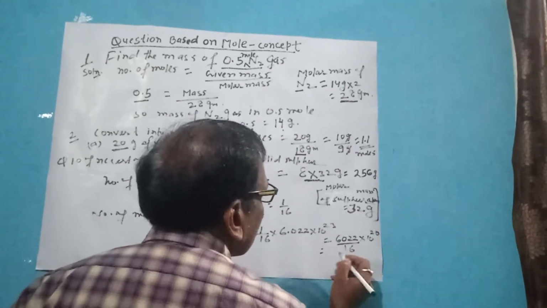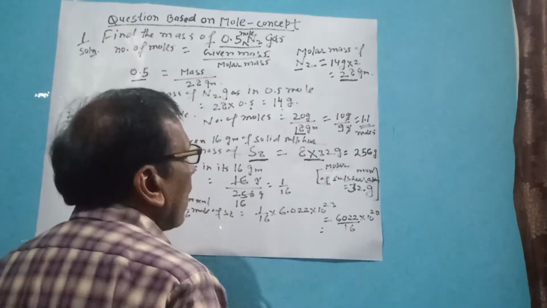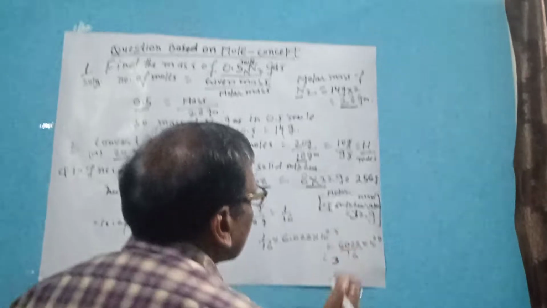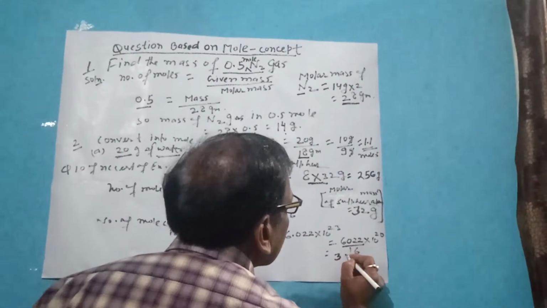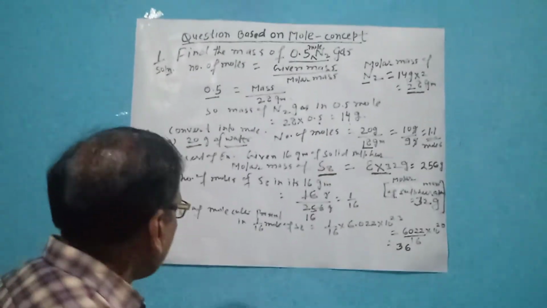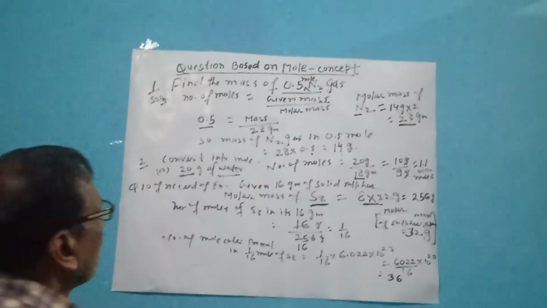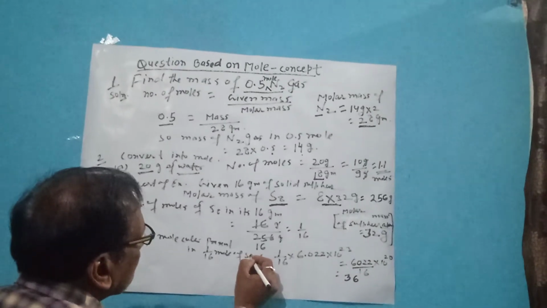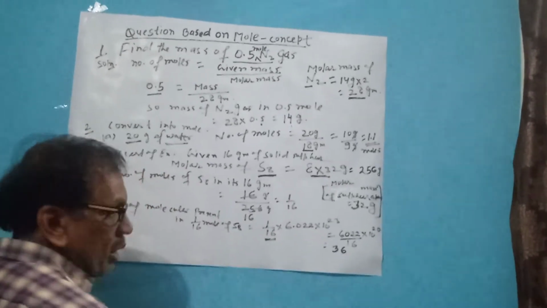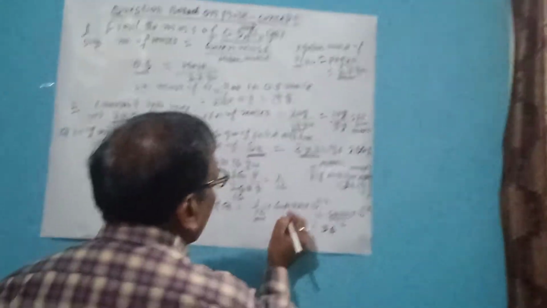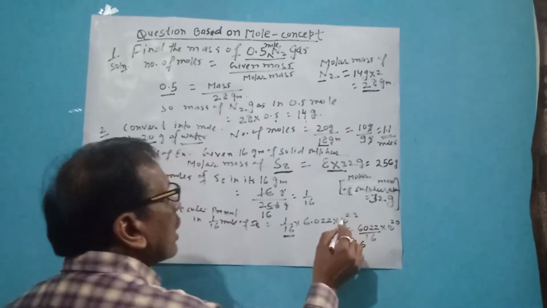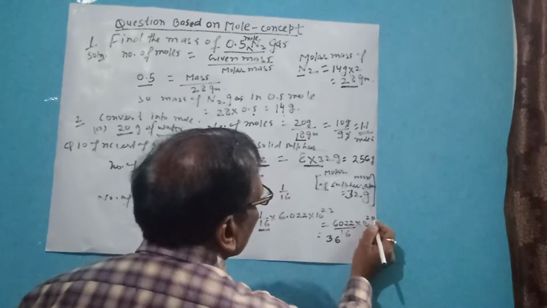The number of molecules present in 1 by 16 mole of S8 is equal to number of moles 1 by 16 into Avogadro number, and here we remove the decimal by obtaining 10 to the power 3 from 10 to the power 23.